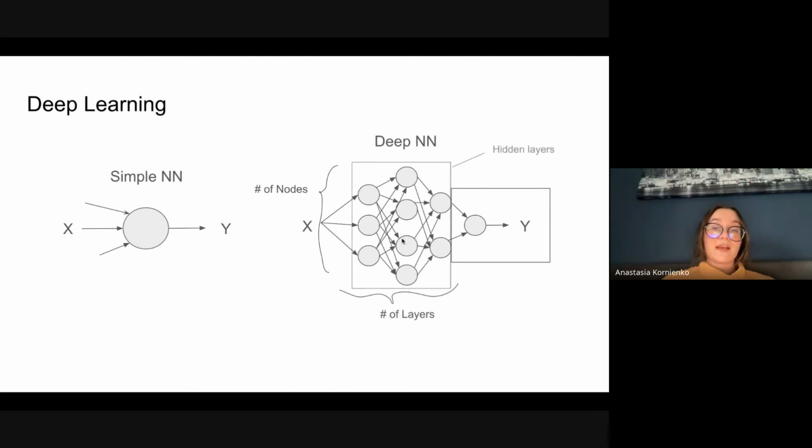That's why this part is also known as hidden layers, just because we don't know what's happening there. We don't know which values, which outputs each of them has, which weights, which W's it has. We just know the end result. This is a deep neural network.